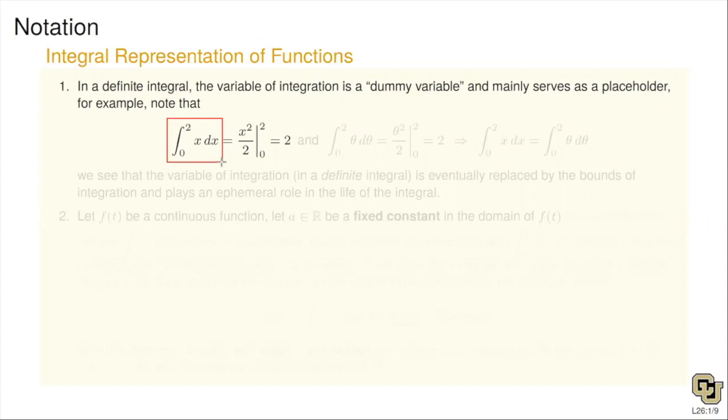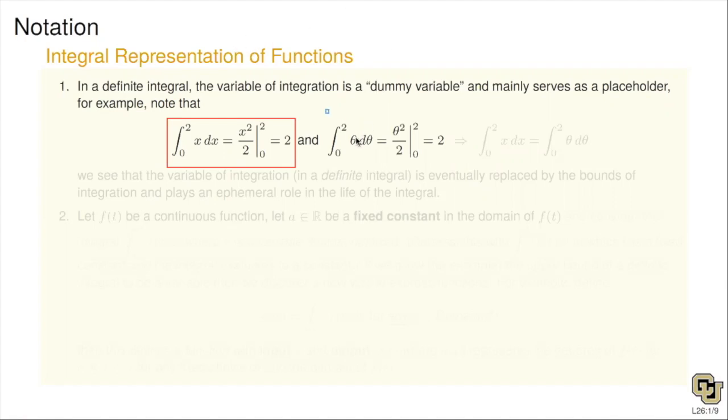So the definite integral of x dx from 0 to 2 is, according to the evaluation theorem, our fundamental theorem of calculus part 2, x squared over 2 evaluated from 0 to 2. You plug in a 2, you get 4 over 2. This integral is a really complicated way of writing the number 2. Compare this with the integral of theta d theta from 0 to 2.